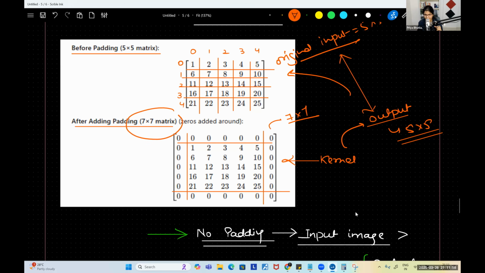As and when you increase that, the output image you get will be 5 cross 5. Why are we doing so? Because at the end of the day, we want the output image dimension and the original input image dimension to be the same. That's the meaning of padding. Clear?